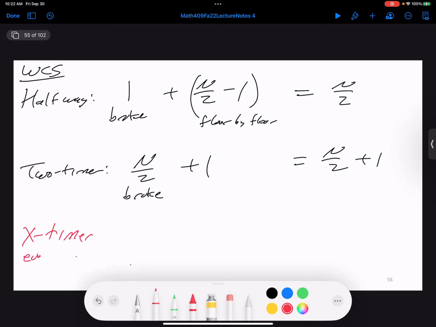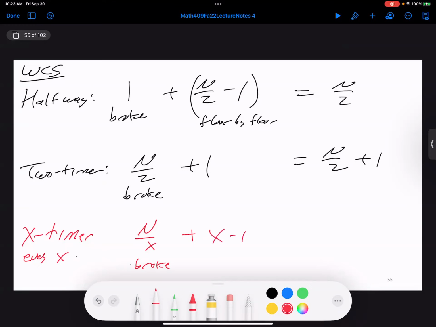You do every X. So worst case scenario, how many times would you have to do it before you get to the top? N over X. And now, how many more do you have to do? X minus 1.